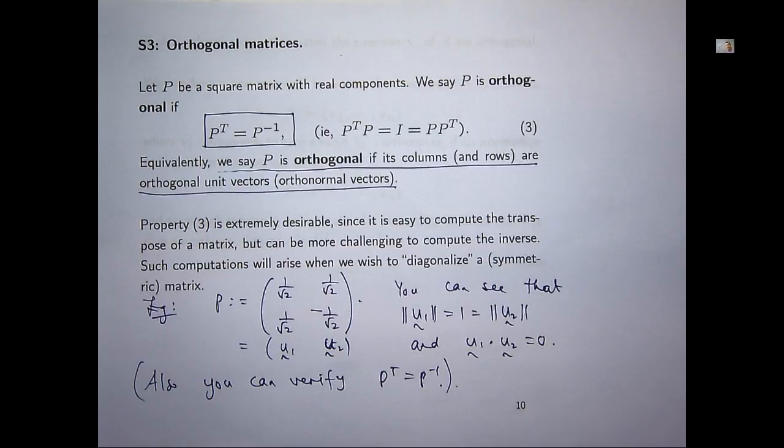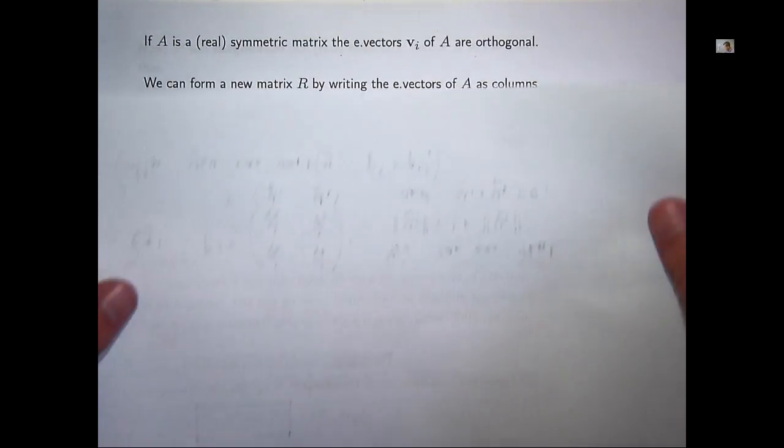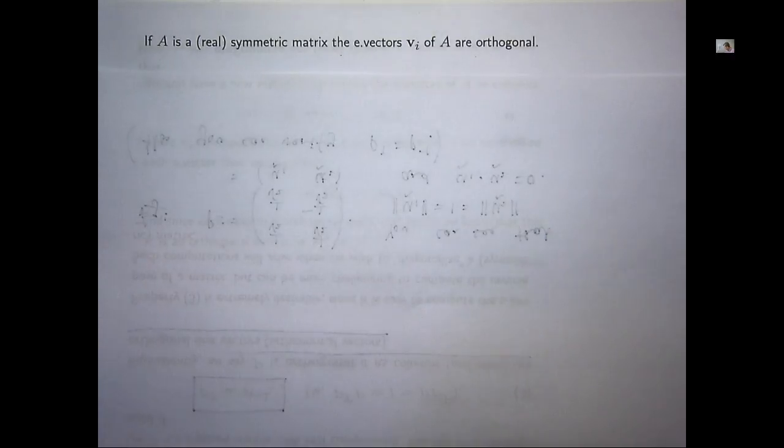Now what we're going to do is link these orthogonal matrices and the symmetric matrix ideas that we were talking about before. Suppose we have a symmetric matrix and we compute the eigenvectors.